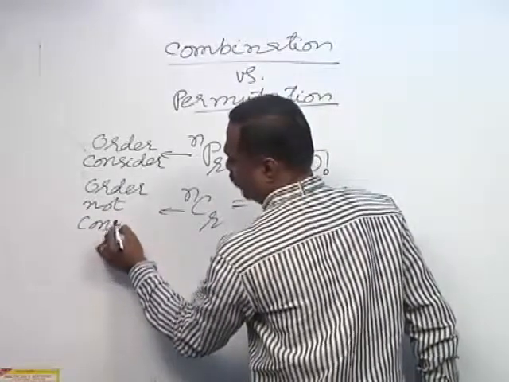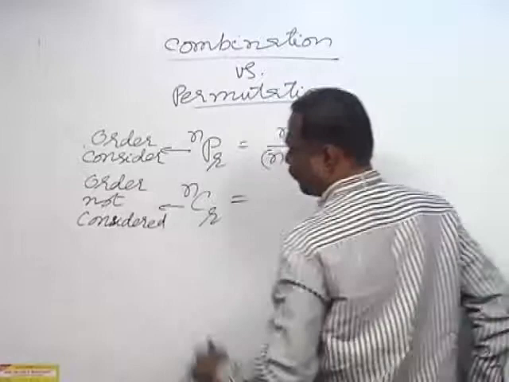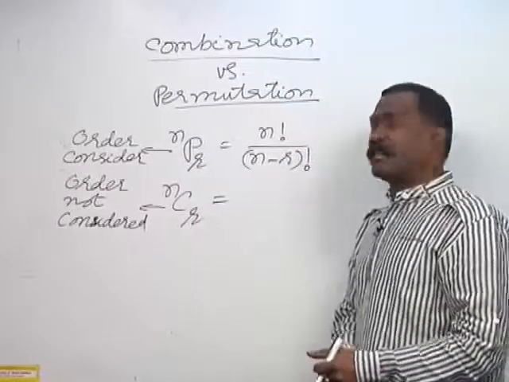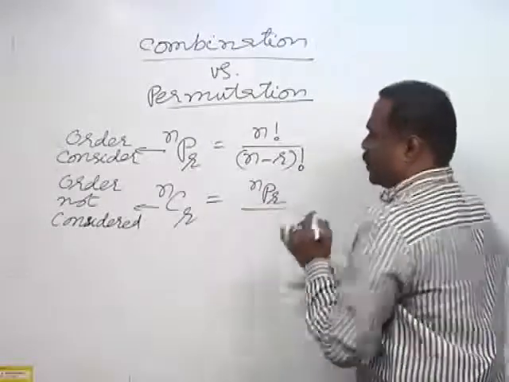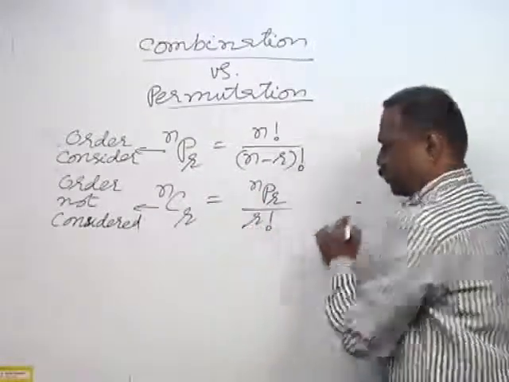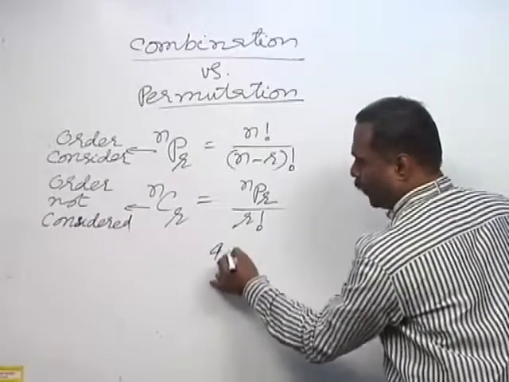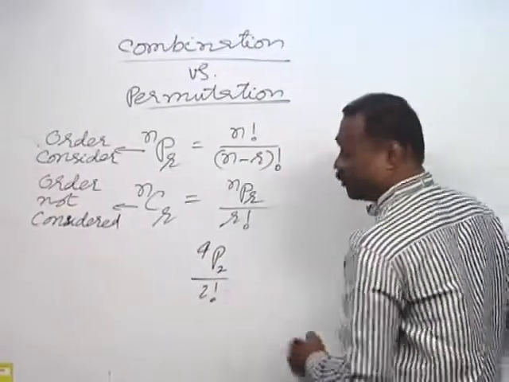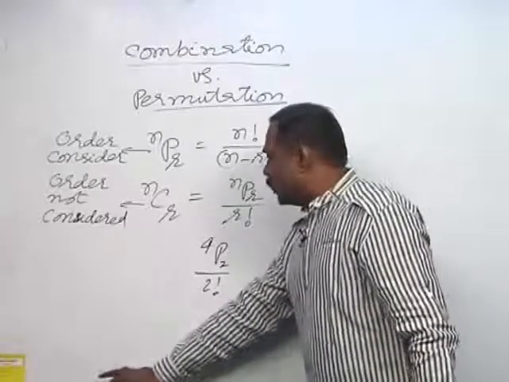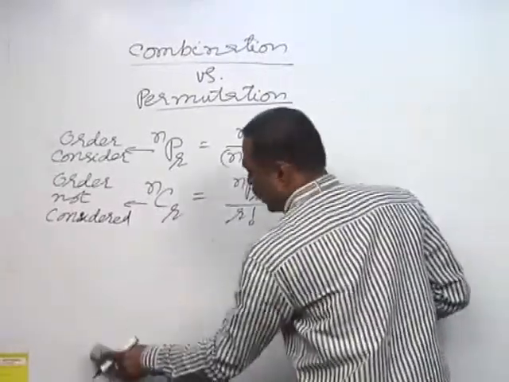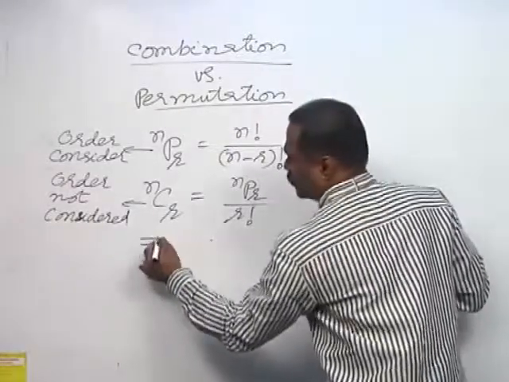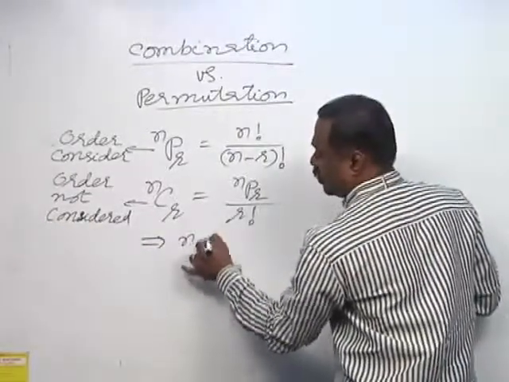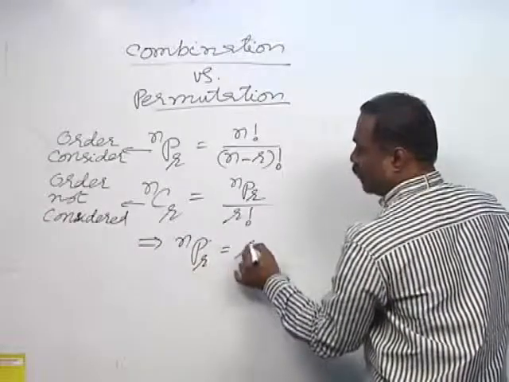Please understand that. When order is not considered, this is to be divided by r factorial. That's what we did with 4P2 upon 2 factorial. So the relation between nPr and nCr is nCr equals nPr upon r factorial. That means nPr can also be written as r factorial into nCr.